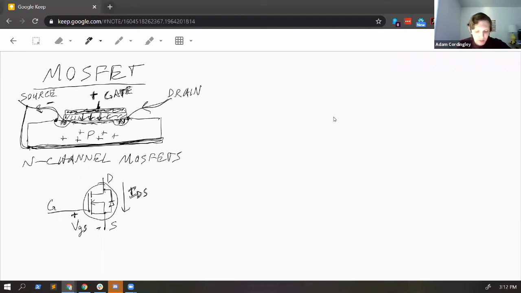And so just like with the BJT, we have our P type or P channel counterpart. Our P channel counterpart is like the inverse of the N channel, and its operation is also the inverse. So let me draw for you the symbol. Make it as messy as possible.